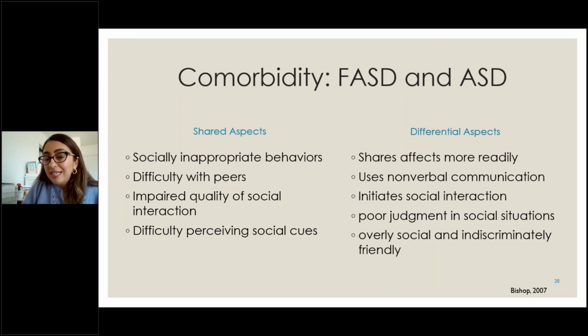Kids with FASD tend to be more overly social, and they are indiscriminately friendly, meaning that individuals, whether they are friends or acquaintances, they could go into a park and they could easily sit on someone's lap.